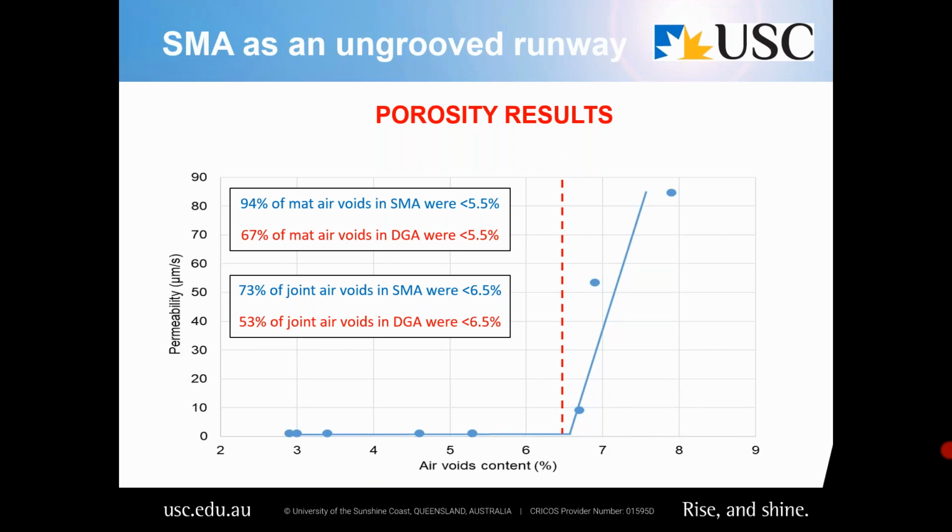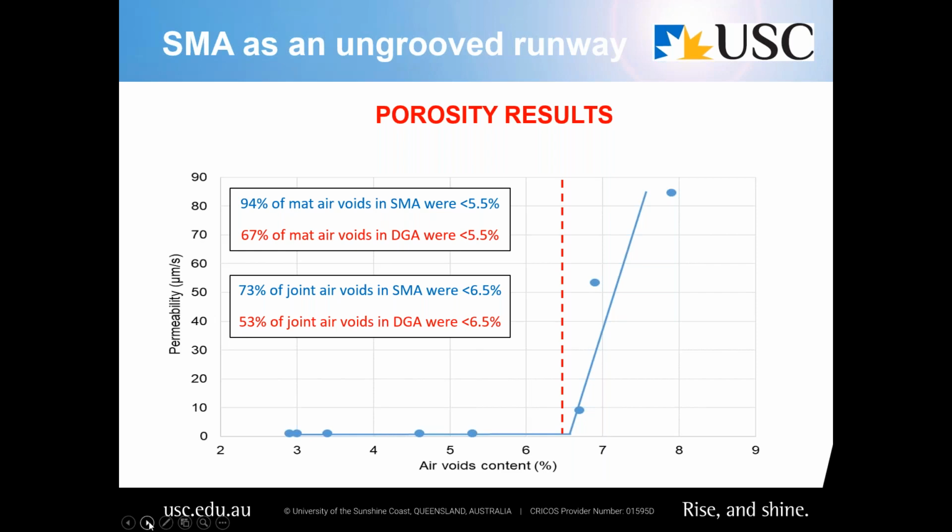And you can see there, I've just drawn a couple of statistics out of the quality results. 94% of the air voids in the SMA were less than 5.5, and even on the joints, 70-something% of them were below 6.5, and in both cases, that was better than the dense graded results in terms of air voids and percentages of air voids below that 5.5 to 6.5% value.